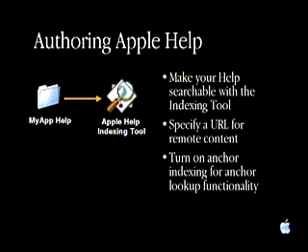Because you want your help to be up to date. You want that search index to represent the latest content that you have in there. When you index your content, this is also where you specify where that remote site's going to be if you're using internet-based content. And this is also where you turn on anchor indexing. Now, we haven't talked about anchors yet, but we will in a moment. Just keep in mind that it's at index time when you turn this feature on or off to decide you're going to use it.